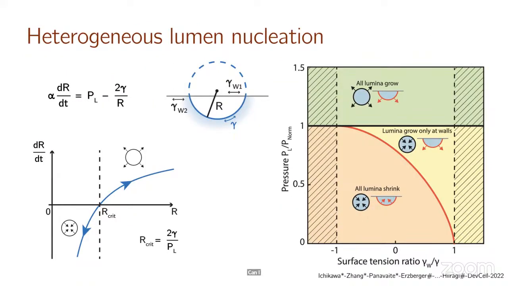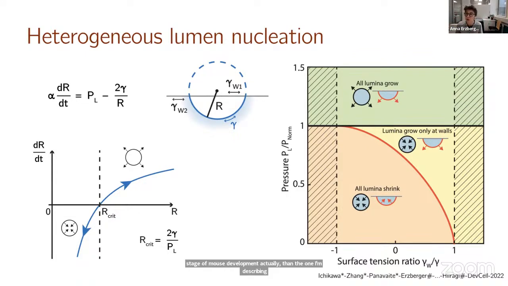Sorry, so these lumina are found inside mouse cells? So they are found inside the tissue, so inside the multicellular aggregate. Okay. And they're also found all across biology, right? So the study that I showed in the very beginning was looking at a different stage of mouse development, actually, than the one I'm discussing here. So this is also maybe important to note. But in general, what happens is that the cells stick together, but then they can form these fluid-filled cavities in between themselves, and those can become very, very large.